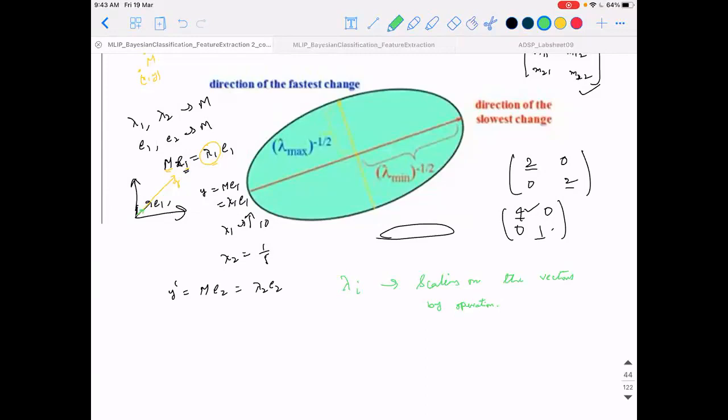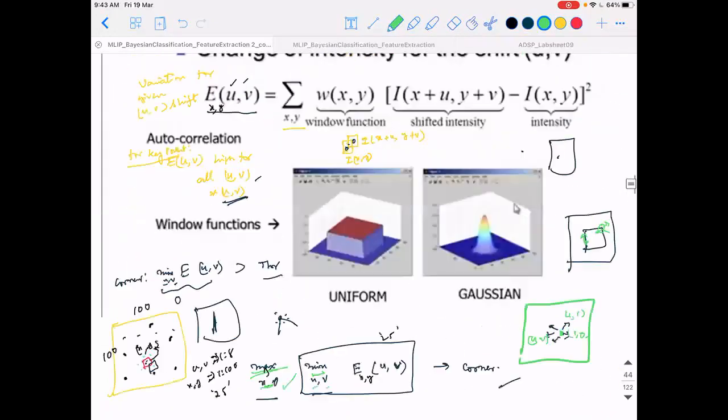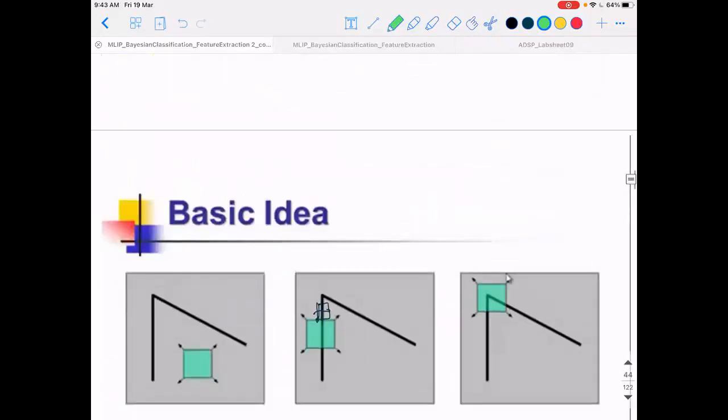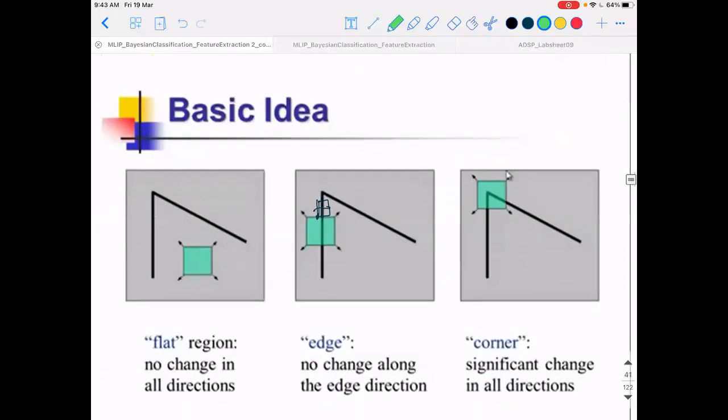So assume that we have a discussion. In this case, what essentially happens if you move in any direction, u comma v, is equal to 0? That means if you move in any direction, there is no change in intensity at all. So if I get this matrix M, what are the eigenvalues of this matrix M?